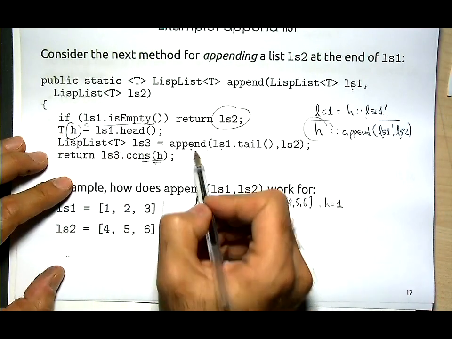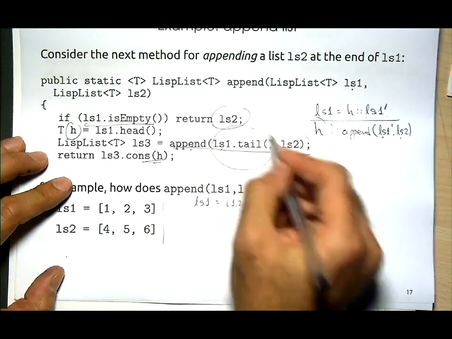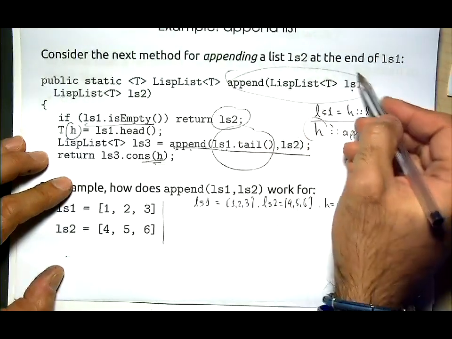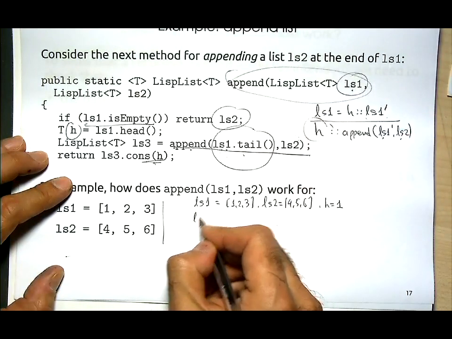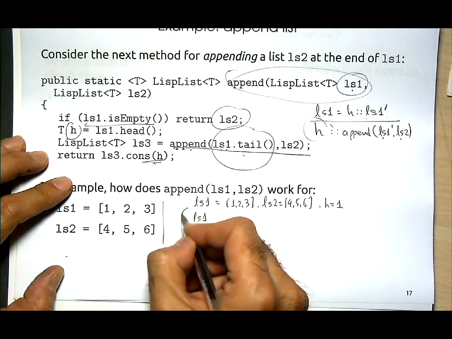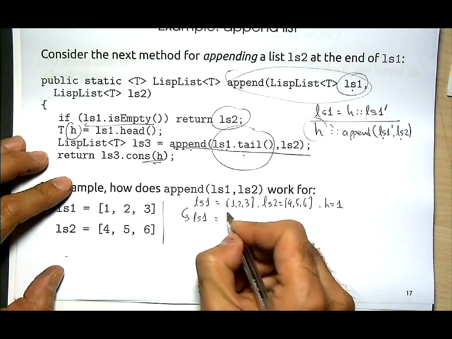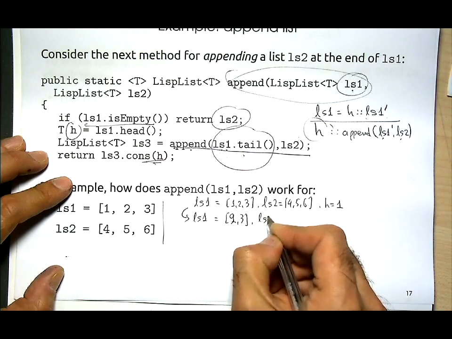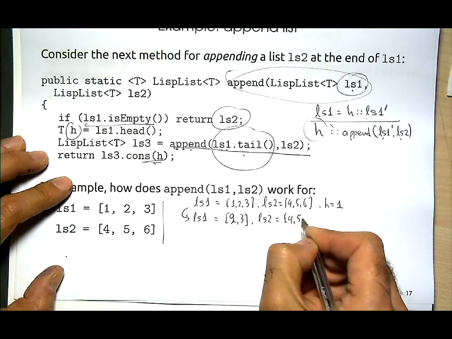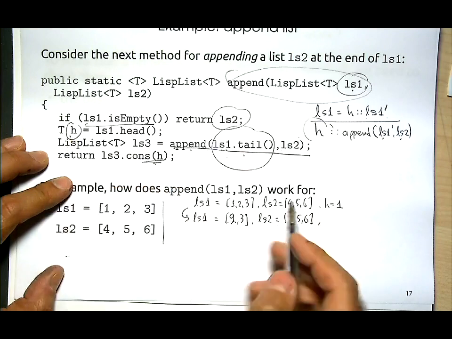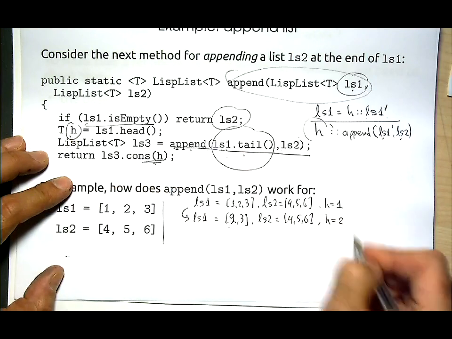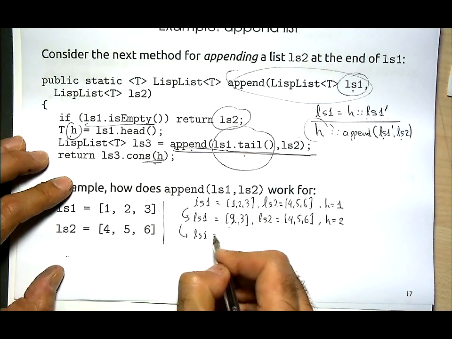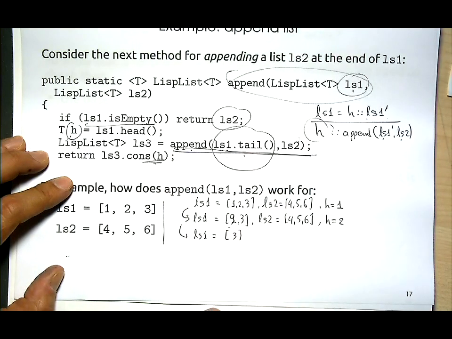Then this makes a call to append, but now we have the tail here. So I make another call, but ls1 has been replaced by ls1 tail. In this case, ls1 is this one, ls2 is this one, and then we get the head of ls1, which in this case is 2. Now make another call to append, so we make a call to the tail of this list.